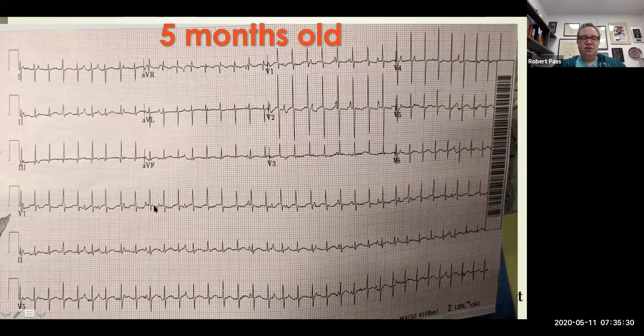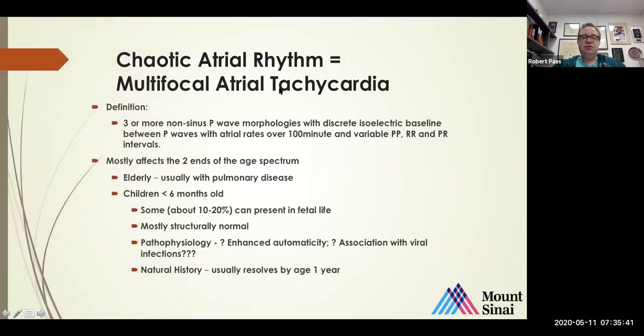I am somewhat concerned by the lack of RR variability here. None of these P waves are bringing in the QRS, but I think that, for sure, what's going on in the atrium is chaotic atrial rhythm. The conduction, I think we would need to look at more tracings to better understand.